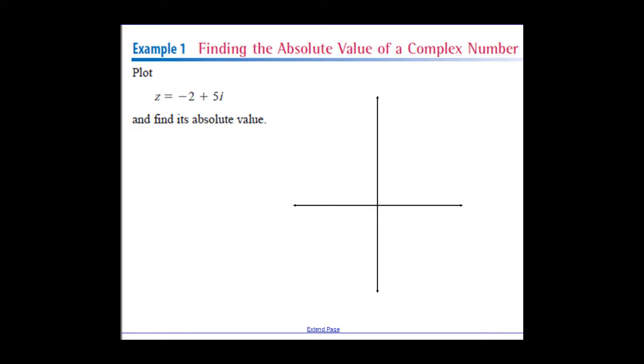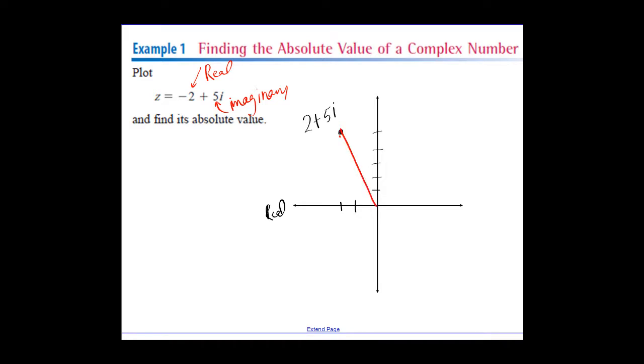All right, so example 1 says plot z equals negative 2 plus 5i and find its absolute value. So again, I see my real is negative 2, my imaginary is 5. So let's go over negative 2 on the real and up 5 on the imaginary. Plot that point and label it as negative 2 plus 5i. So the magnitude, again, is the distance from the origin to this point.